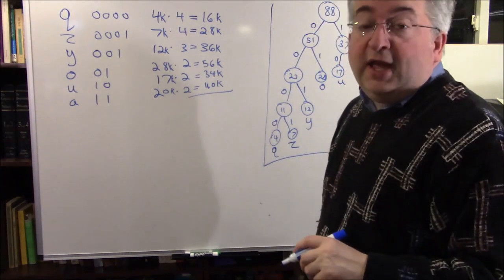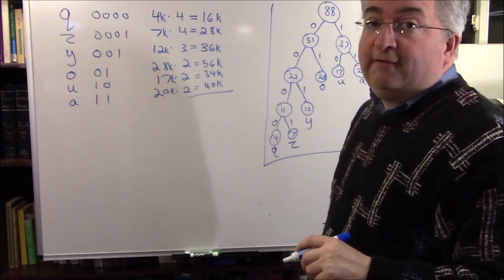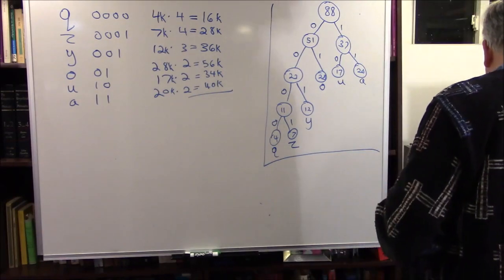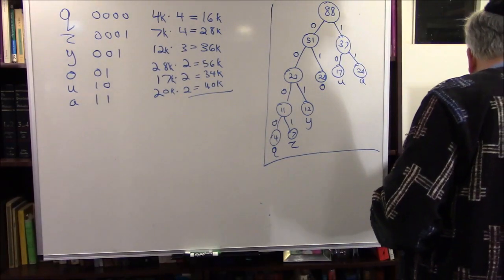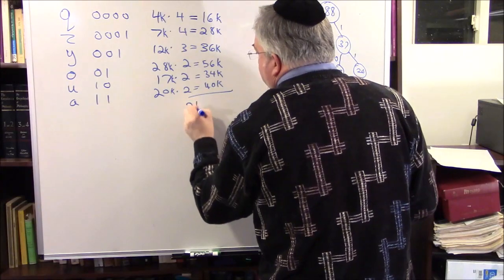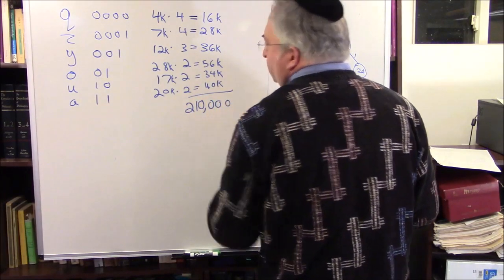So, question, how big would our file be? And the answer is 210,000 bits.